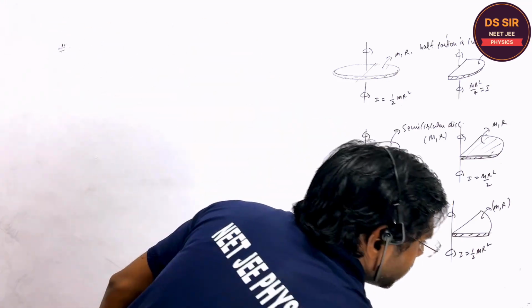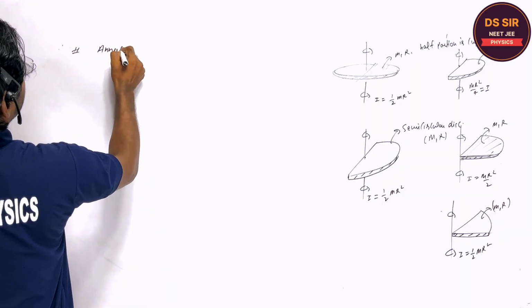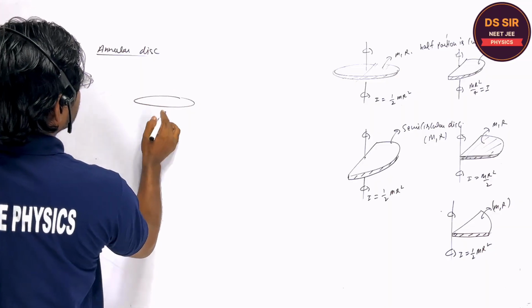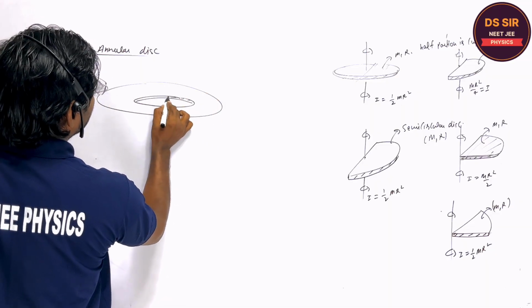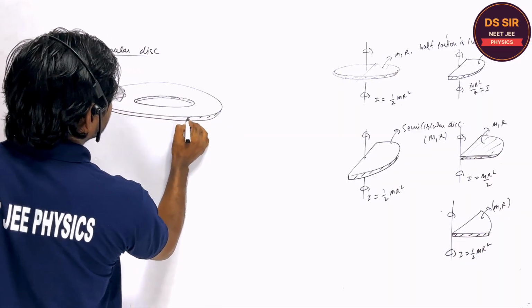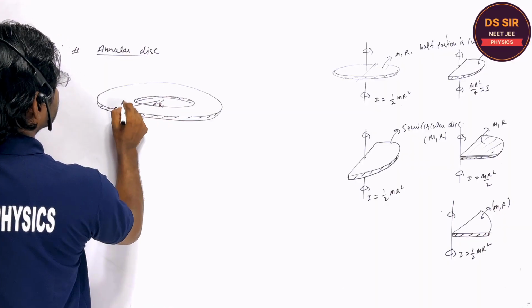Okay. So can you find the moment of inertia of the annular disk? What is the annular disk? This is the annular disk, where this portion is cut off. This is the radius r1 and this is the radius r2.